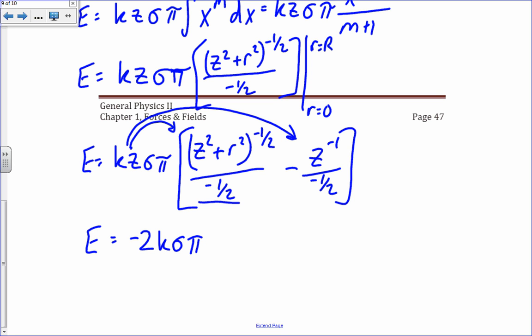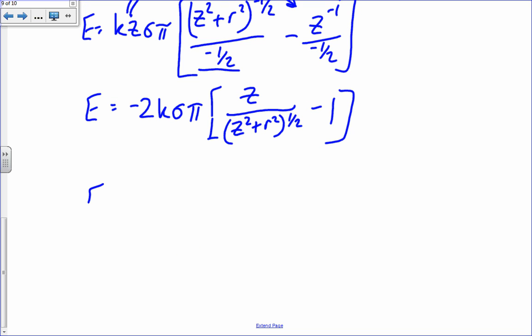So I get z over z squared plus r squared to the 1/2, minus 1. This is my final answer.